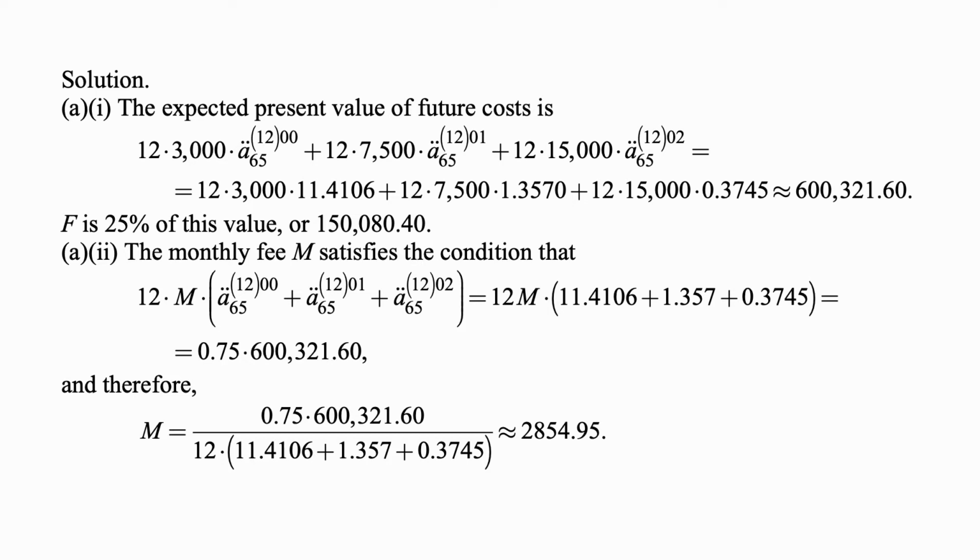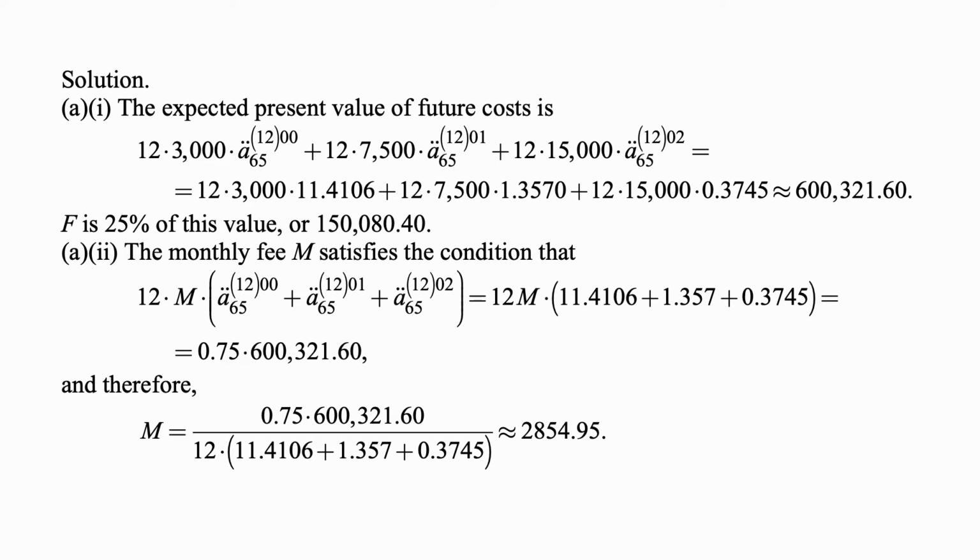Part 2 of A, the monthly fee M satisfies the condition that 12 times M times (ä65^1200 plus ä65^1201 plus ä65^1202) equals 0.75 times 600,321.60.